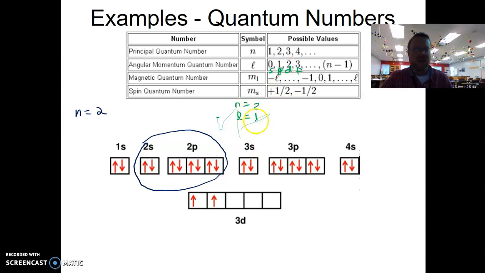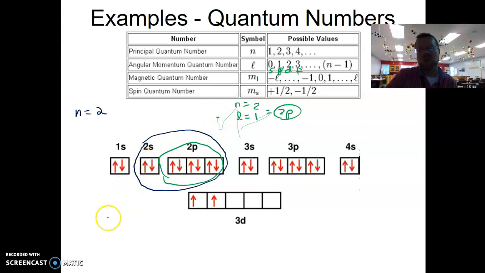So what we're saying here basically is we're talking about 2p. Okay, so we're talking about those electrons in the electron configuration. I've gotten more specific by telling you, hey, we're not talking about the s electrons, we're talking about the p electrons if L was 1. So there's 6 electrons that could possibly have those 2 quantum numbers in the same atom.